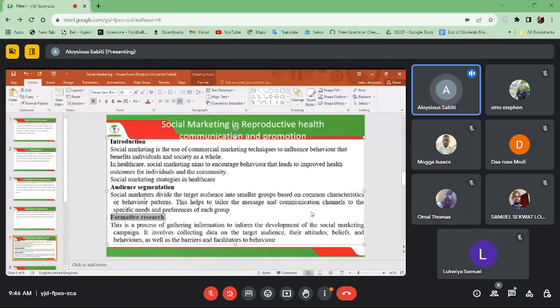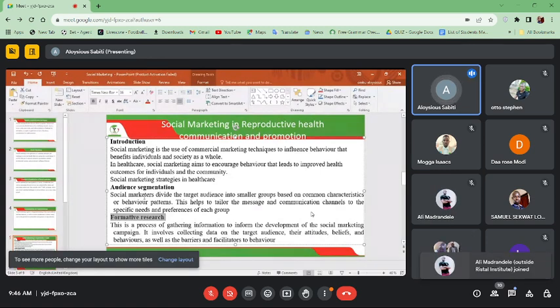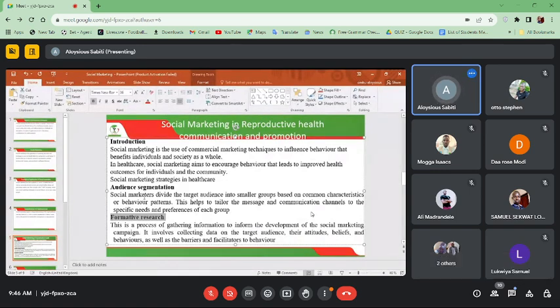So those are some of the characteristics or demographic features that you can use to differentiate your target audience into smaller groups. If women of reproductive age were still your target group, you could further dissect them into school-going or non-school-going, or married or unmarried.